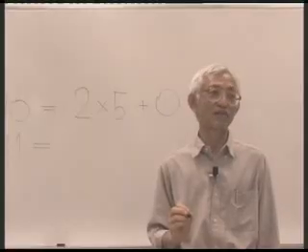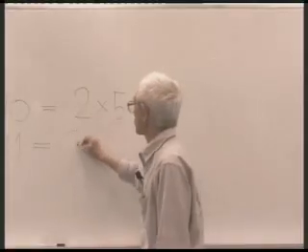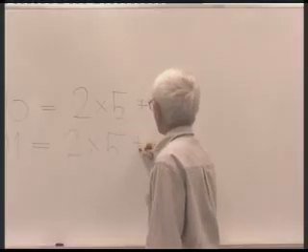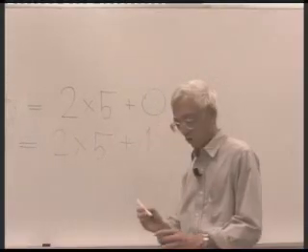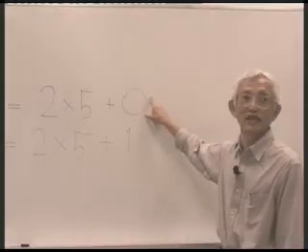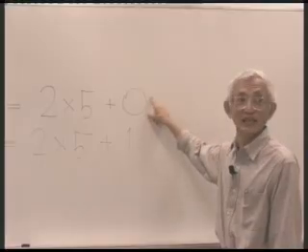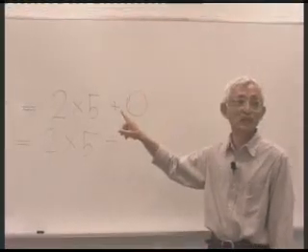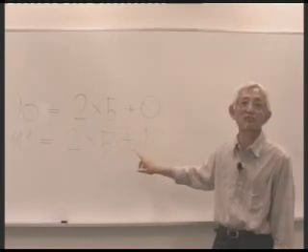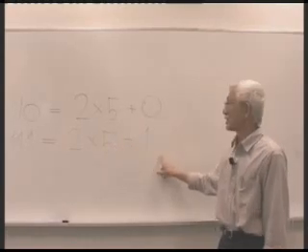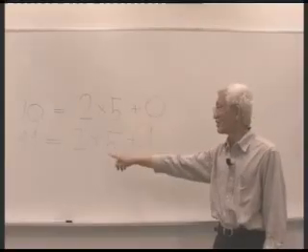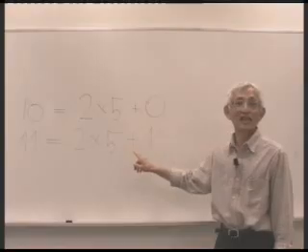Again, I divide 11 by 2, and then I get 2 times 5, with a remainder 1. Now, if I do not get a remainder, or the remainder is 0, then I say that the number 10 is divisible by 2. And in this case, 11 is not divisible by 2, right? And you can see that 10 is also divisible by 5, and 11 is not divisible by 5.